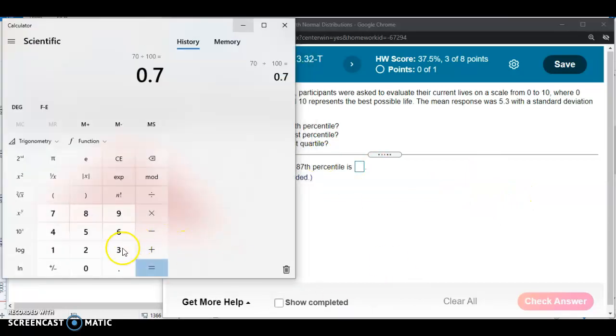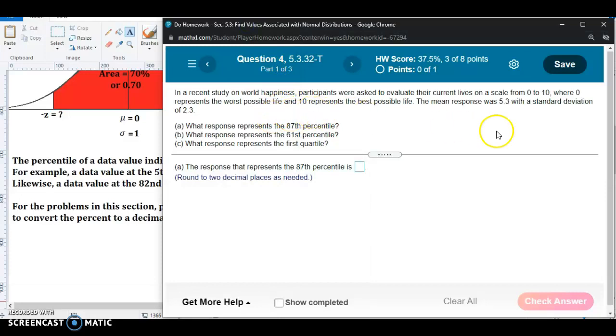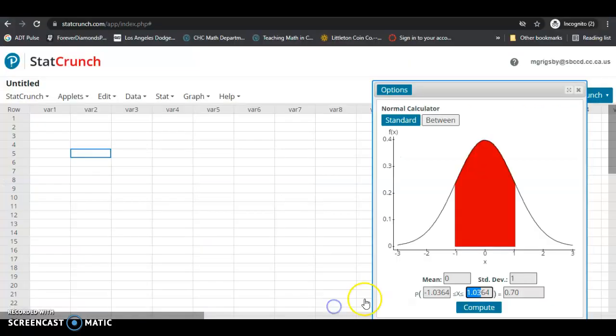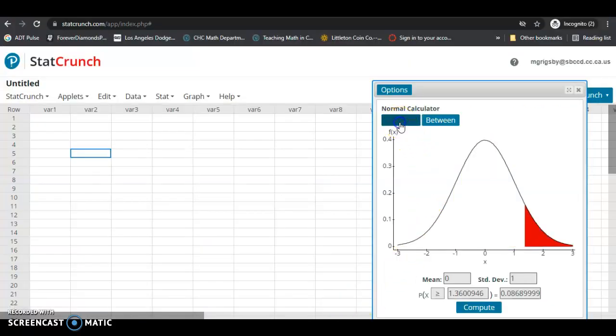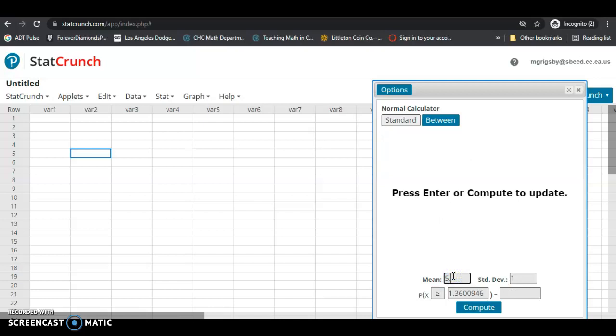As a decimal, that's 0.87. Remember the mean of the curve is 5.3 with a standard deviation of 2.3. So we're going to go back to standard, since the given area is to the left of the unknown value, with mean 5.3 and standard deviation 2.3.